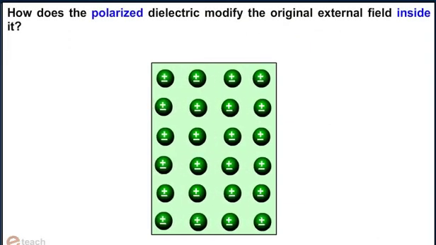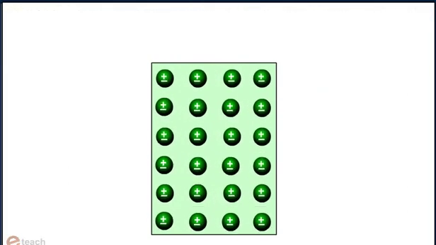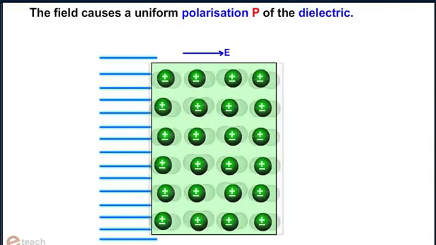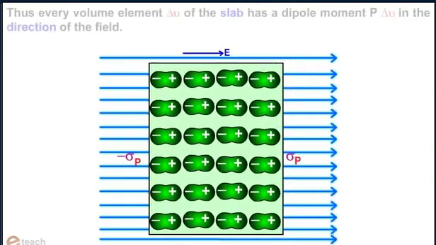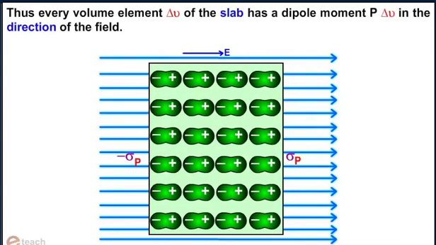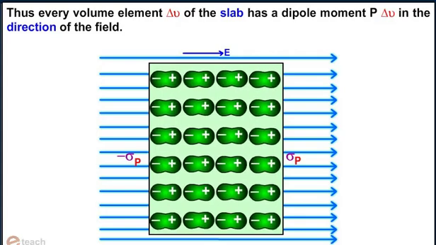How does the polarized dielectric modify the original external field inside it? The field causes a uniform polarization P of the dielectric. Thus, every volume element ΔV of the slab has a dipole moment P times ΔV in the direction of the field.